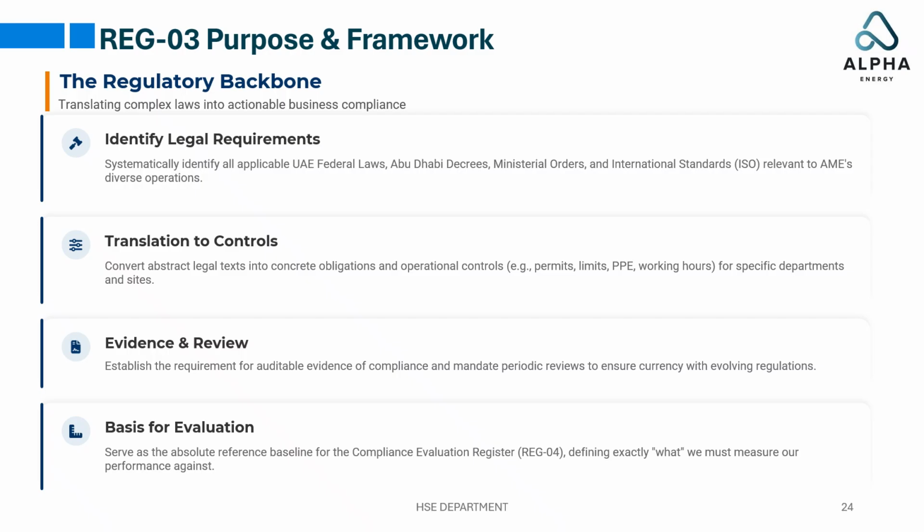The register also establishes evidence and review mechanisms, ensuring that auditable records are maintained to demonstrate compliance and that periodic reviews are conducted to keep the register updated with evolving regulations. Finally, it forms the basis for evaluation, acting as the reference baseline for the Compliance Evaluation Register, Reg 04, which measures and verifies the organization's compliance performance against the identified legal requirements.